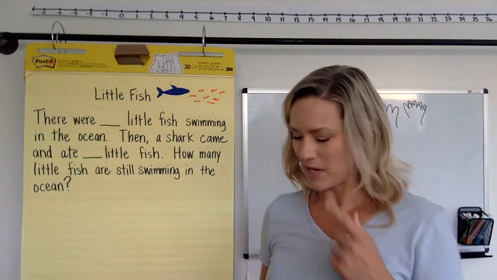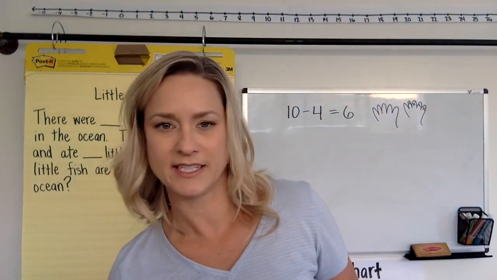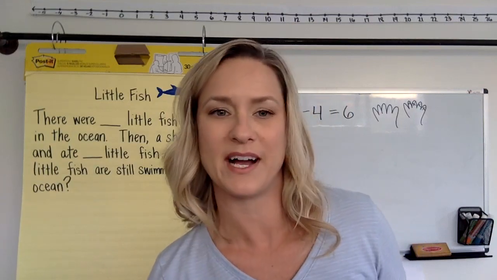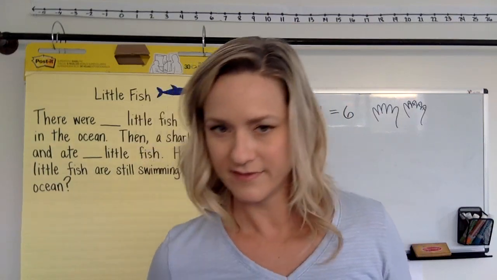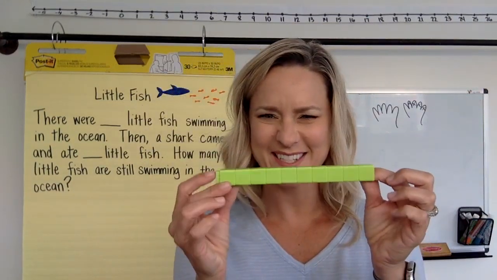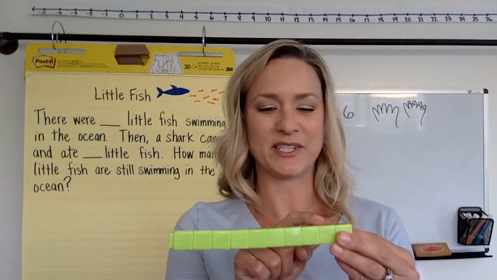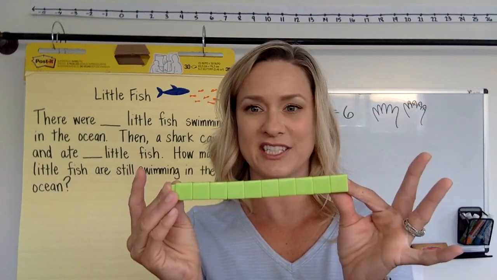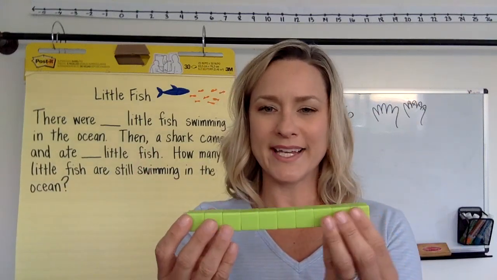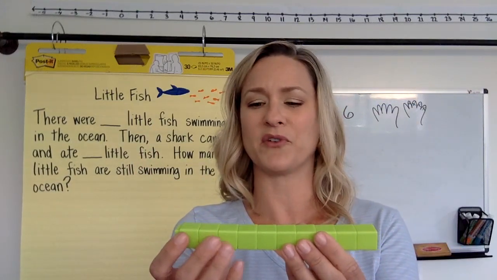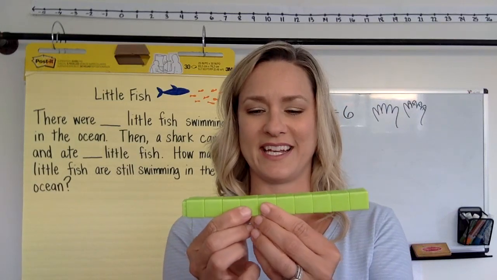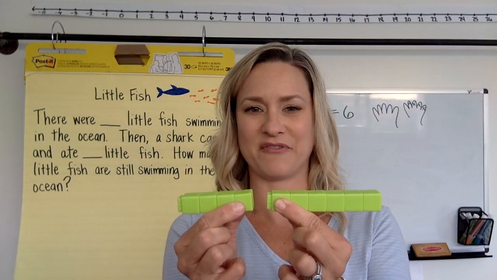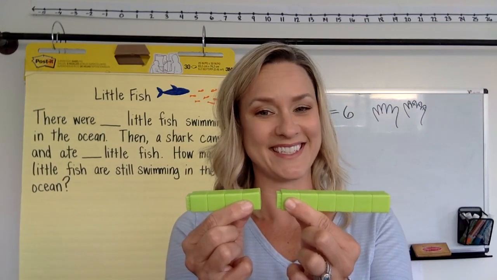I'm going to take another guess. Since you're not here, I'm going to guess that some of you thought about these. Do you guys remember these from class? 1, 2, 3, 4, 5, 6, 7, 8, 9, 10. Here's 10 cubes. And my guess is maybe some of you have figured out friends of 10. And you know that 6 and 4 make 10.